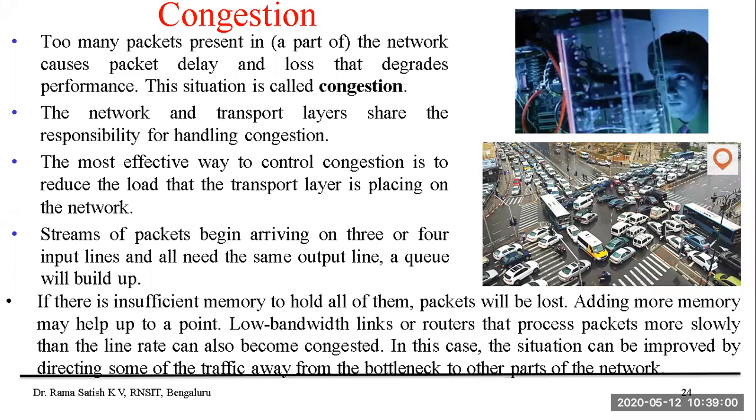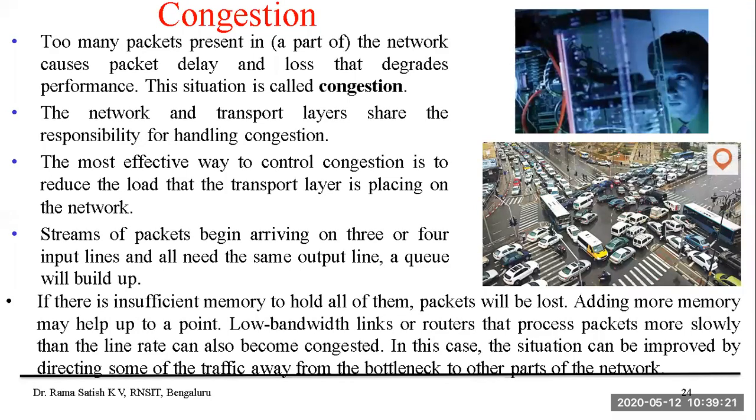Adding more memory may help up to a point, but sometimes the outgoing line has low bandwidth and the incoming line has more bandwidth. So definitely the router will face a lot of problems with respect to congestion.